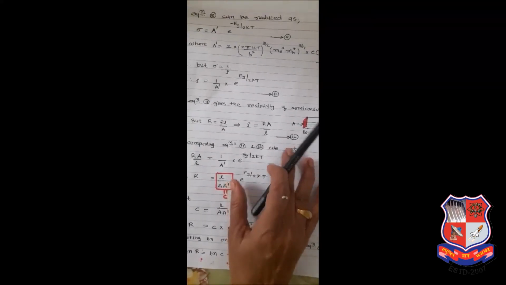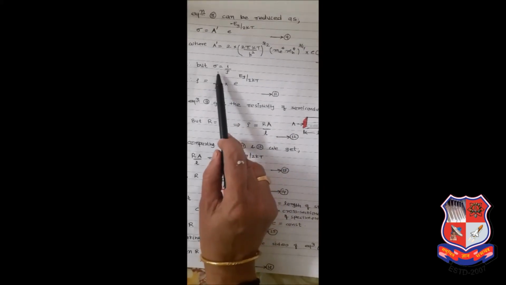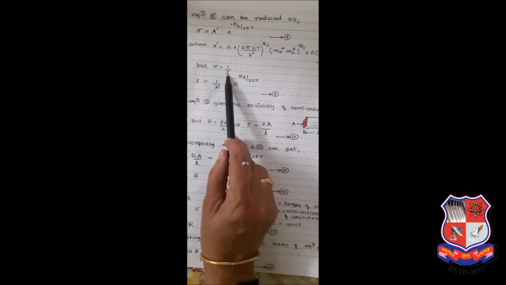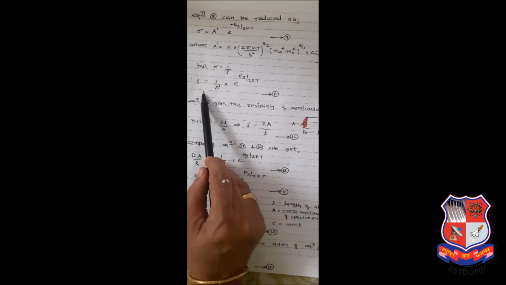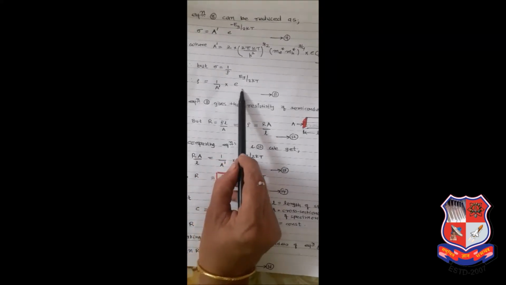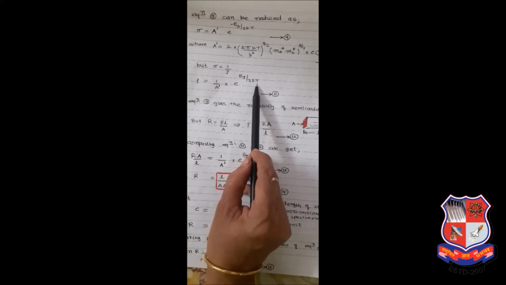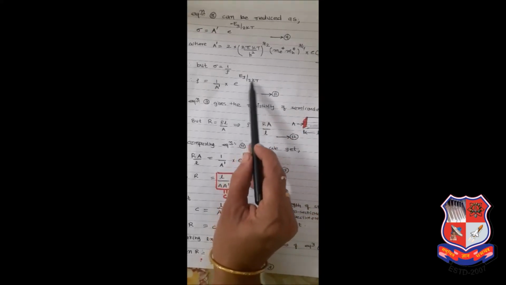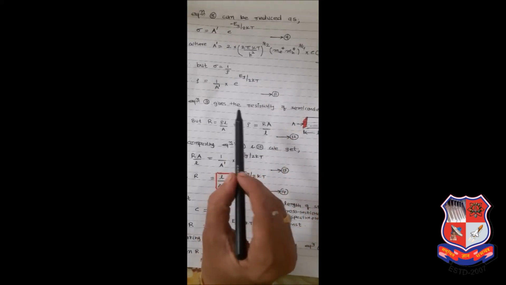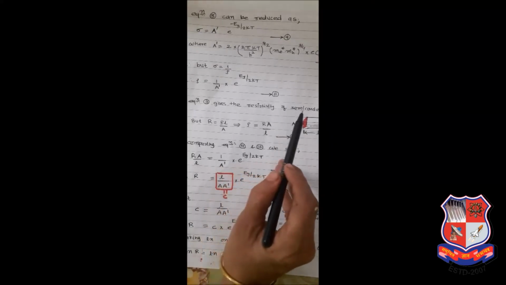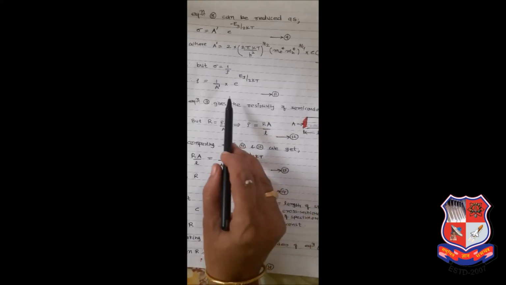But you know that sigma is 1 upon rho. Resistivity is inversely proportional to conductivity. So rho becomes 1 by A dash into e raised to Eg by 2kT. Friends, here it was minus Eg by 2kT, now it becomes plus Eg by 2kT. So equation 11 gives the resistivity of a semiconductor, intrinsic semiconductor especially.